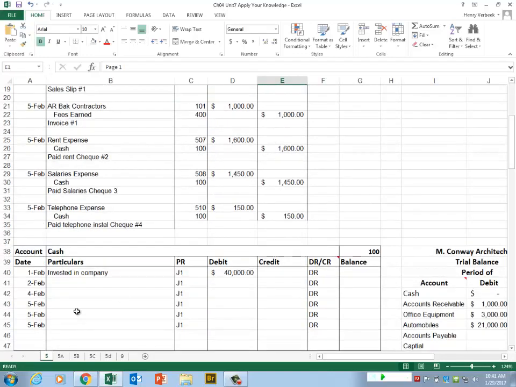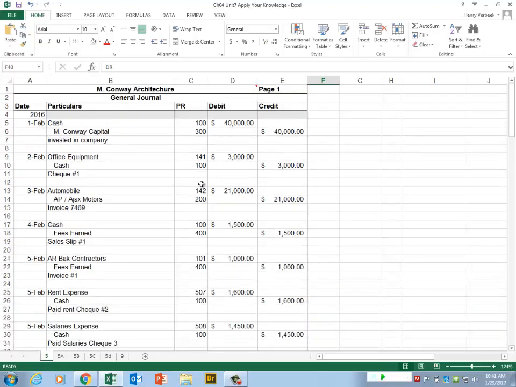So you just put J1 for that, and you put the date in, and then you go equals, and you take that. If it's put in a debit, you just put DR for debit. Now, that is this one done. I usually bold it just to make sure that I know that I've now posted it.